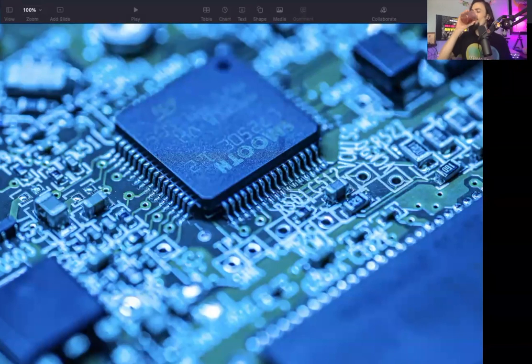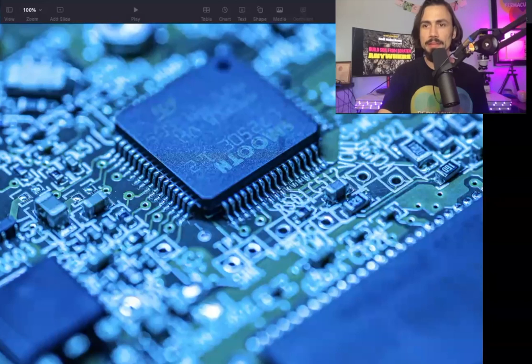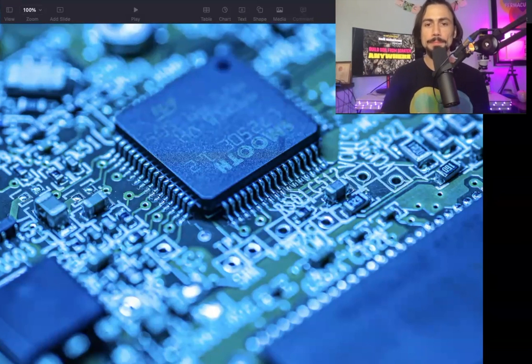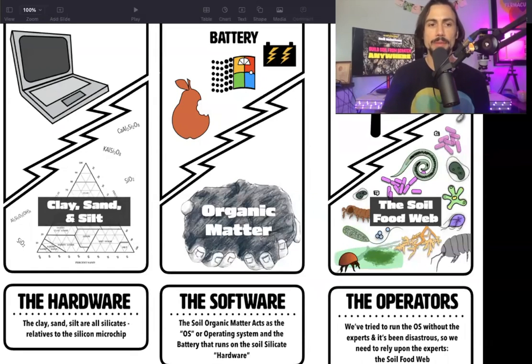Silicon Valley. If Silicon Valley is running on the ability for microchips to hold information, transmit information, and transmit energy, then maybe we need to rethink how we think about soil. And this metaphor is something I came up with very early on in writing Regenerative Soil.